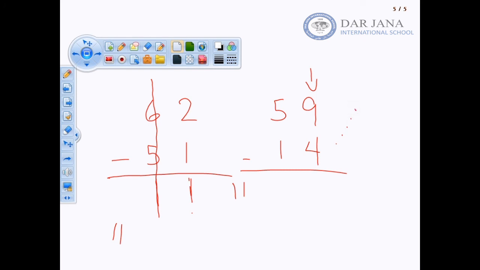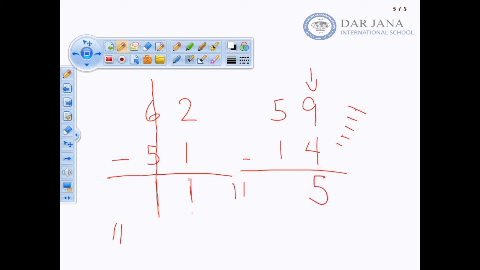So how many are this? 1, 2, 3, 4, 5. So, are we going to write it here? No. Where are we going to write? We have to write it in the proper column. Ones to ones, we have to write it here. Okay, we have to write it under the ones column.